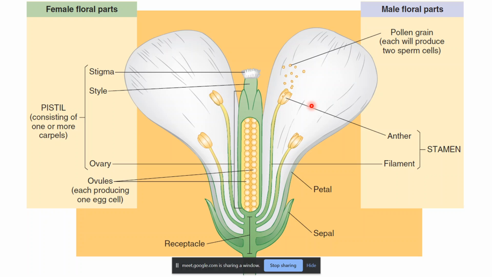Sexual reproduction consists of a fusion of the reproductive cells, eggs and sperm cells. The eggs are located in ovules, and sperm cells are located in the pollen grains.